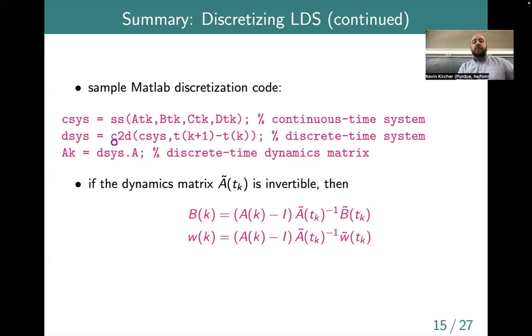So this defines the continuous time system. And then C2D means continuous to discrete. So this does the time discretization for you, and it builds the discrete time linear system. And then if you want to extract the matrix from this discrete time system, you can just do dsys.a. So in MATLAB, this is basically a struct, and this gets you a field in the struct, which would be this A matrix. And you can do the same with B or whatever you need.